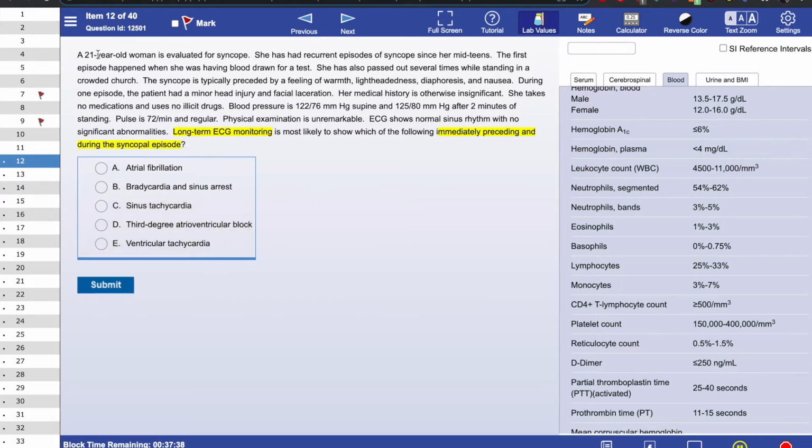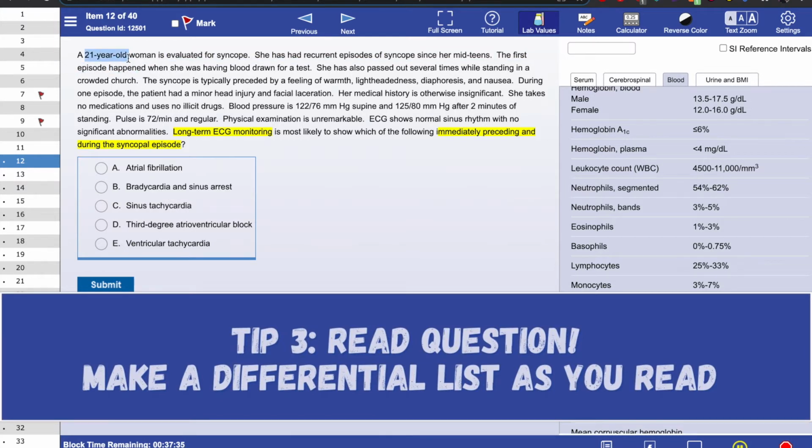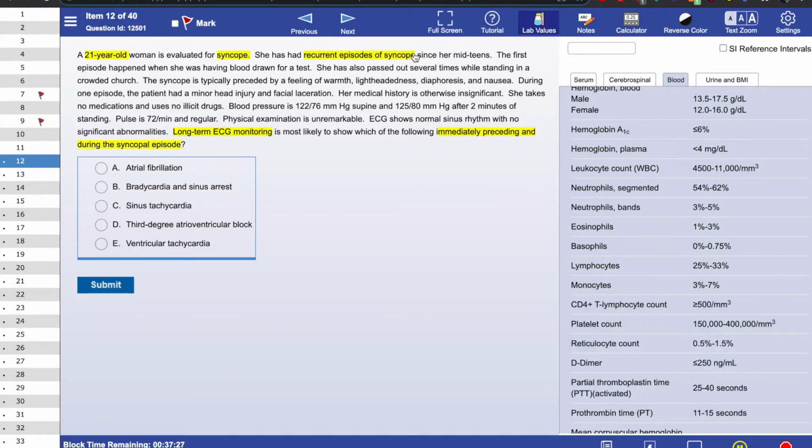All right, so let's read the entire question. This woman is young, she's 21, she has syncope, she's had recurrent episodes, so that's something important. I'm going to highlight that. The first episode happened while she was having blood drawn for a test, so it looks like it's something to do with pain. She passed out several times while standing.